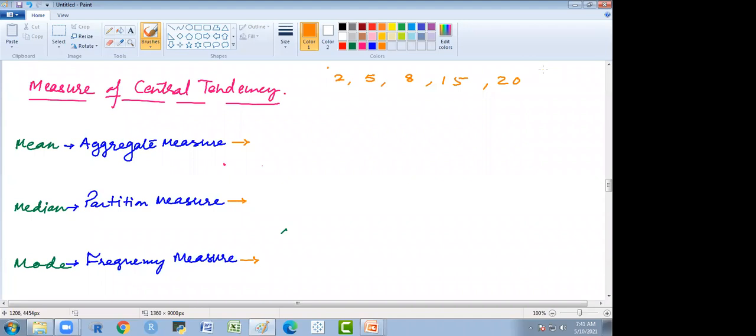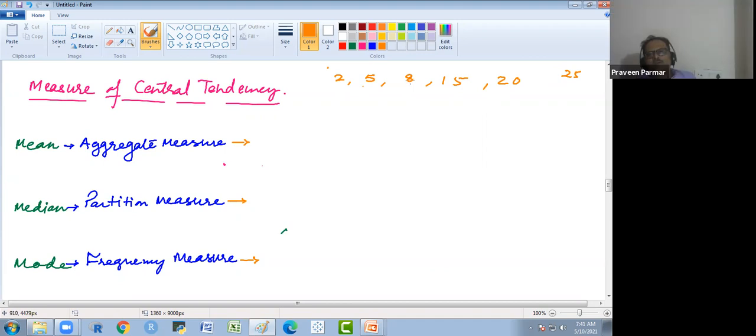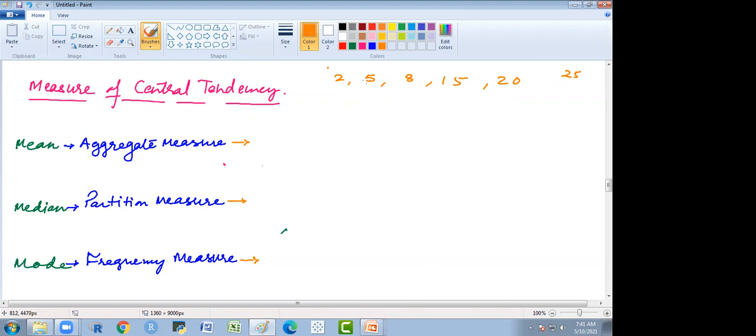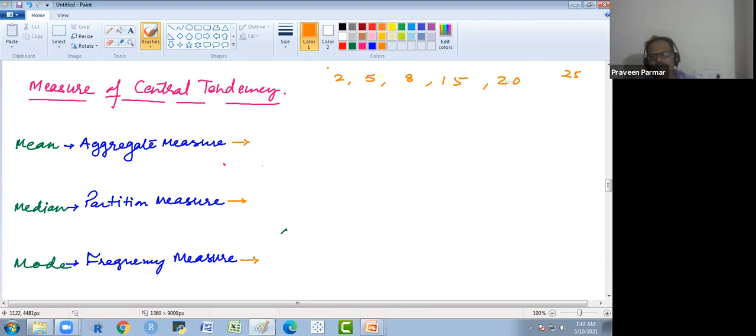The total is 50, and 50 divided by 5, so the mean is 10.